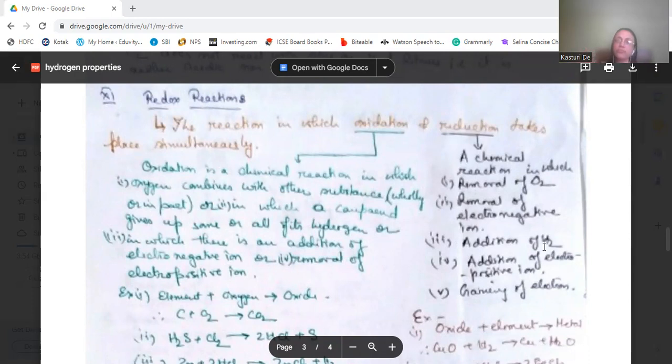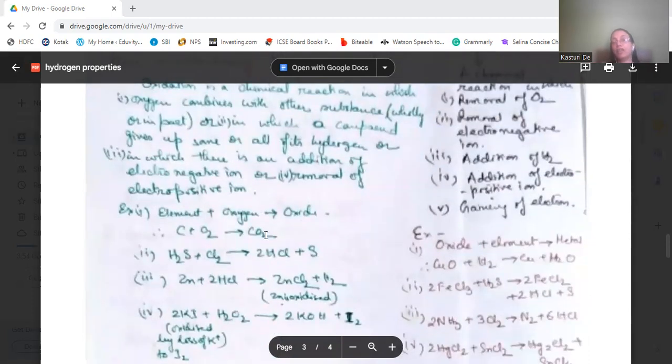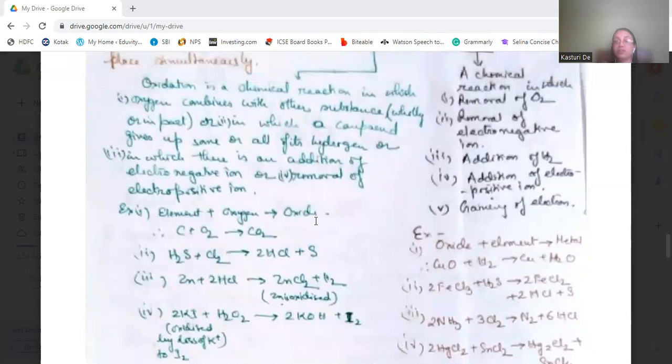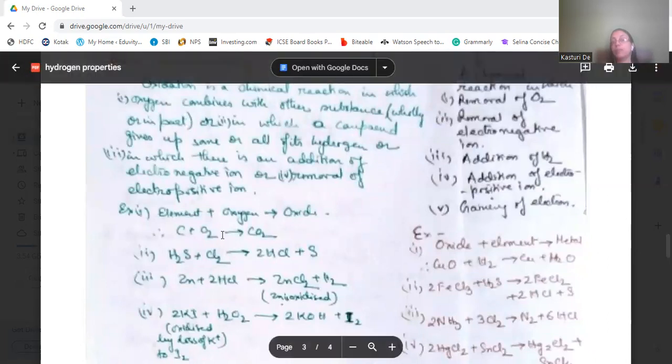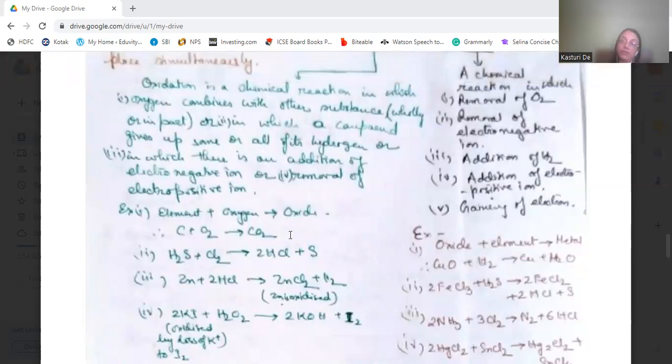So if there is a loss of electron, there is oxidation. For example, an element combines with oxygen to form oxide. This is oxidation. Therefore, carbon combines with oxygen to form carbon dioxide.